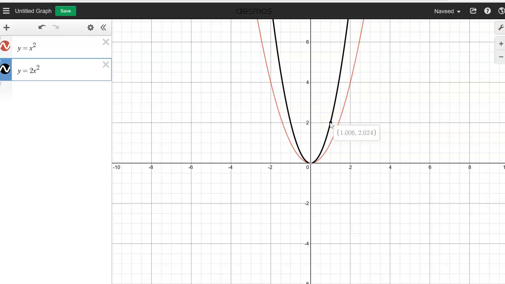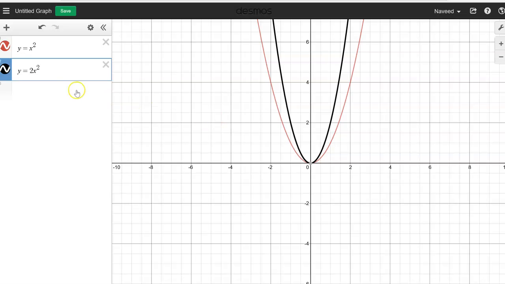When x is still 1, the y value is now 2. That is true for all the y values of 2x squared. Compared to y equals x squared, all y values doubled.